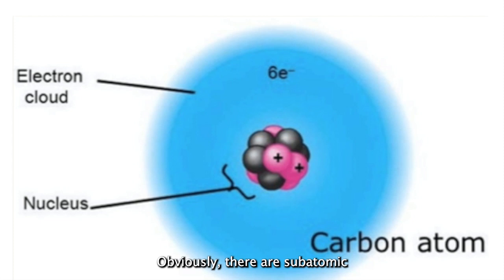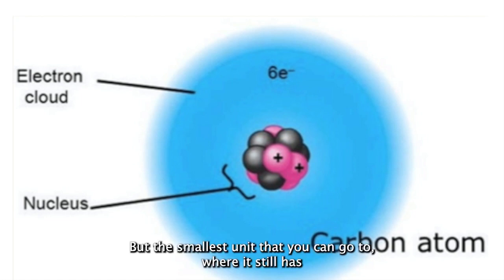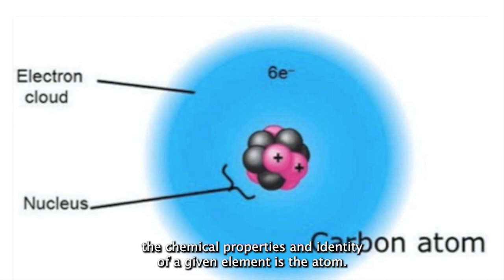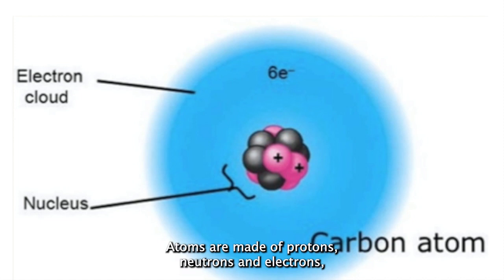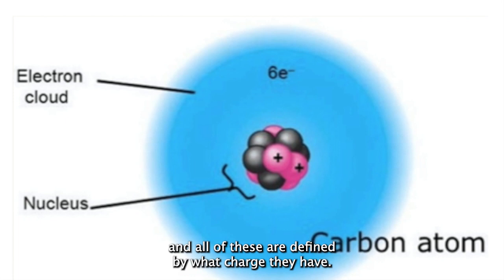Obviously, there are subatomic particles, things that make up atoms. But the smallest unit that you can go to, where it still has the chemical properties and identity of a given element, is the atom. Atoms are made of protons, neutrons, and electrons. And all of these are defined by what charge they have.